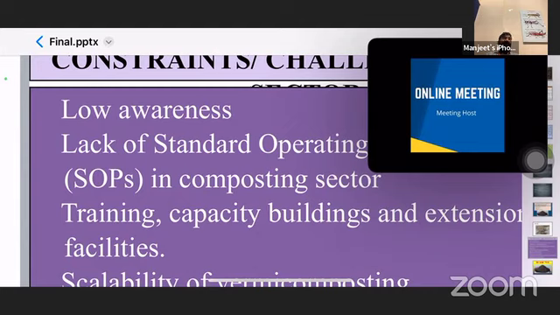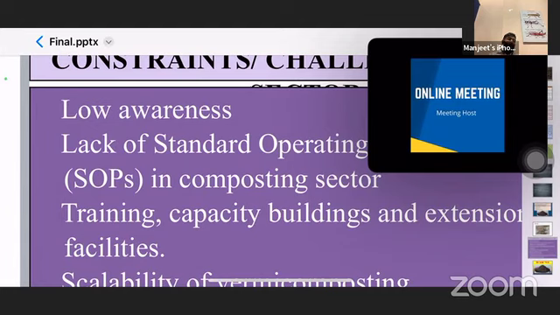What are the constraints or challenges behind this? So first of all, there is low awareness among the public as well as the farmer community. Due to this, the majority of farmers think that synthetic fertilizer is better as compared to vermicompost.